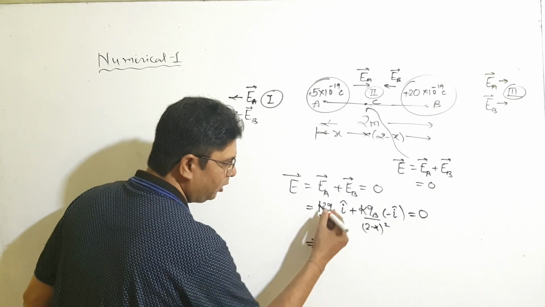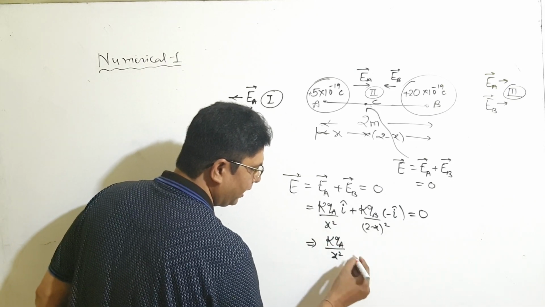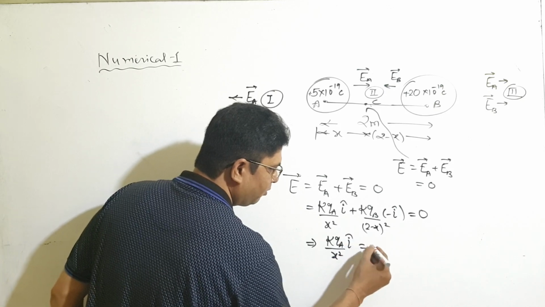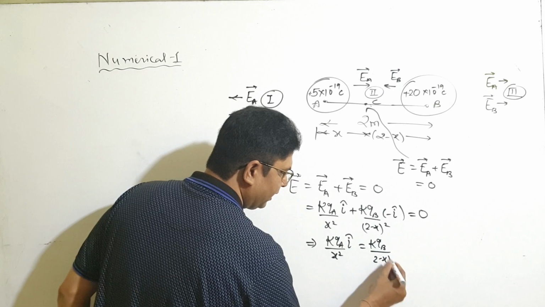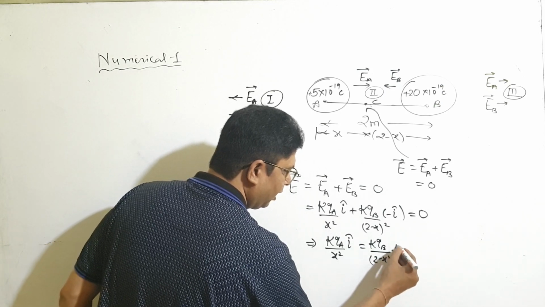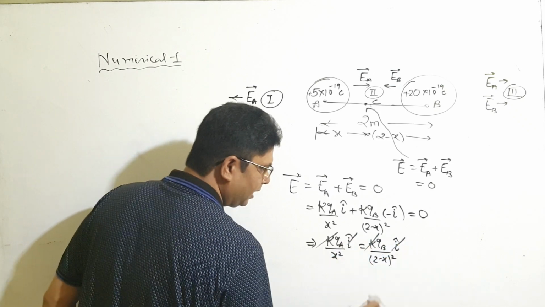Now from here you have k QA upon x square i cap equals k QB upon 2 minus x whole square into i cap. So this k will cancel out, this i cap will cancel out.